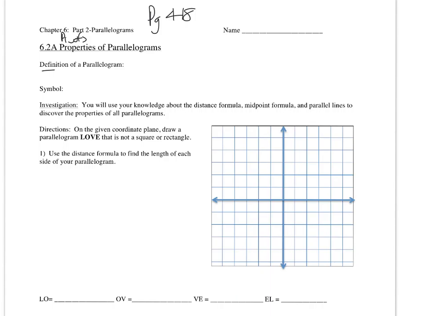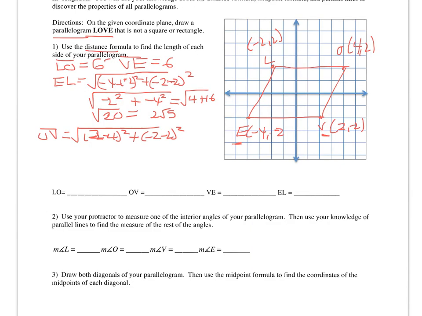So first of all, the definition of a parallelogram. We now already know that a parallelogram, which is going to give me 2 minus 4 is negative 2 squared, plus negative 4 squared, which again is going to be 4 plus 16, or the square root of 20, or once again, I get 2 radical 5.